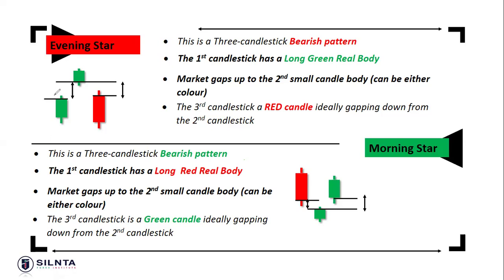If you see here, these gaps were very clear with shadows also. In most cases, gaps are common with shadows. We don't really consider them with the body, but bodies are more powerful than shadows. So long as there's a space in between, that is a gap.